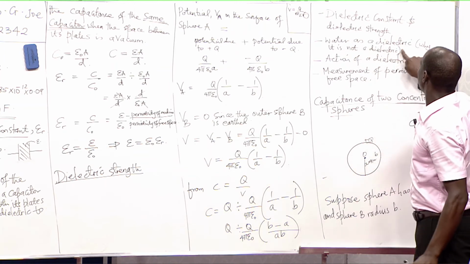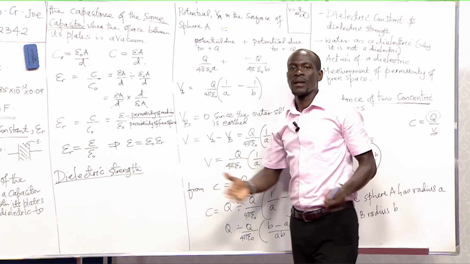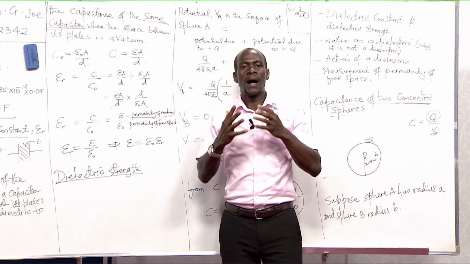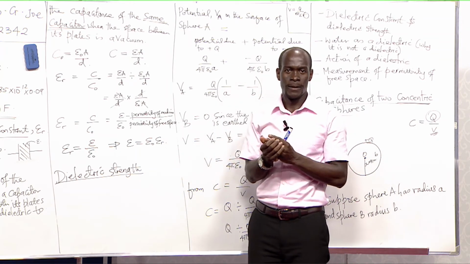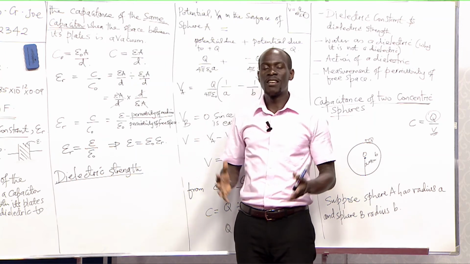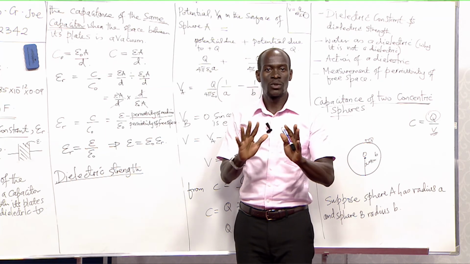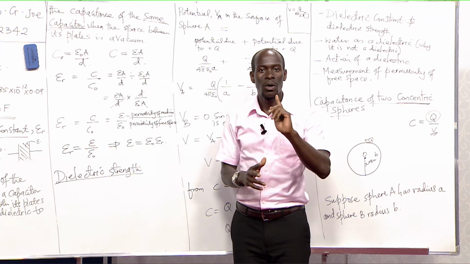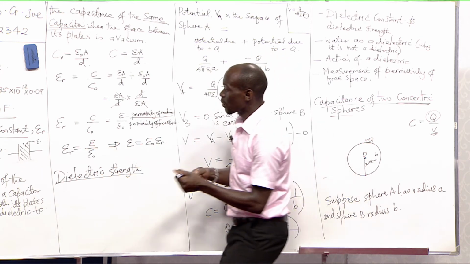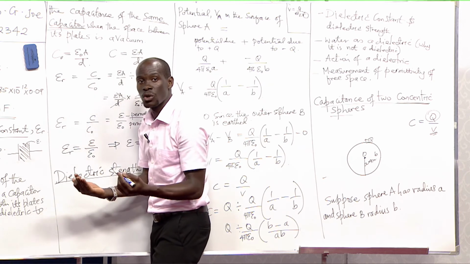Okay? Now, dielectric strength deals with how ably a particular dielectric can withstand a given electric field intensity without electric breakdown, or without conducting. What do we mean? Since we say that this is an insulator, it therefore means it cannot conduct.